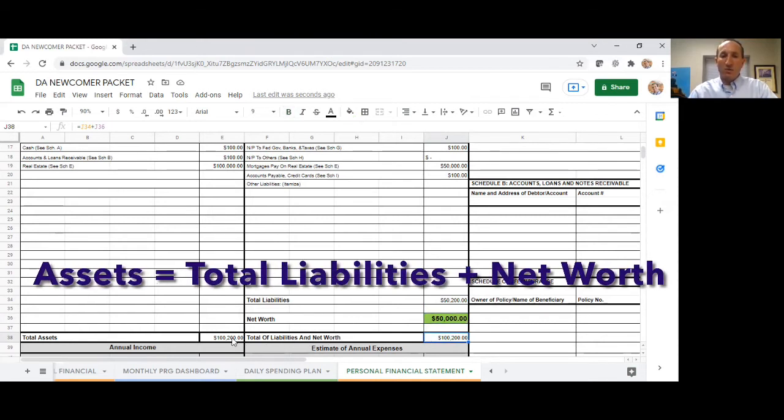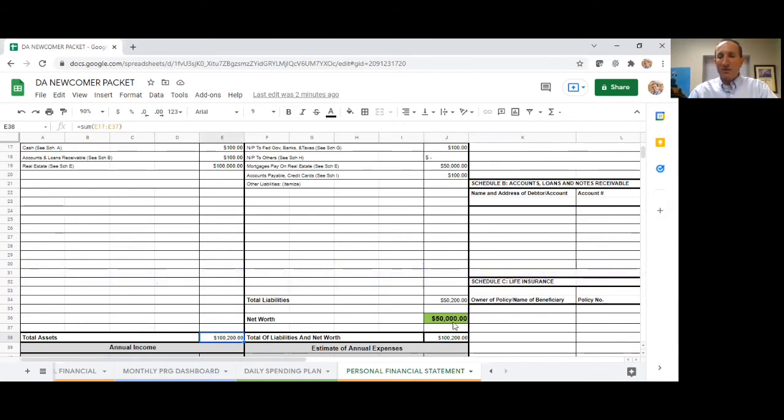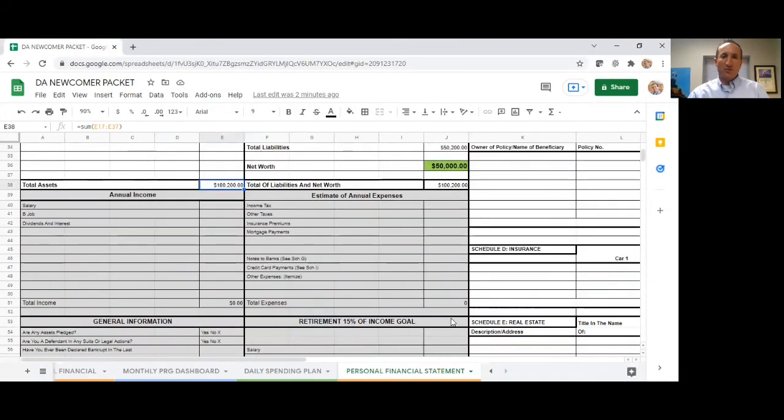That number must equal the assets. I highlighted the net worth in green because that's the important number. That's the number that's left over from everything that I own minus everything that I owe to people equals the net worth number.